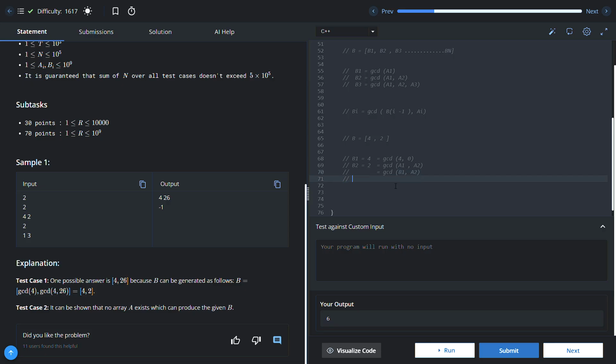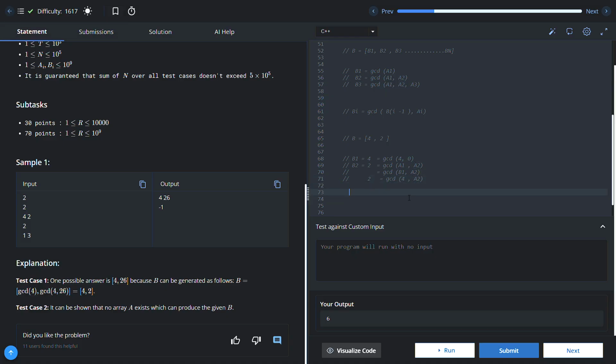That is again equal to GCD of 4, comma A2, which should be equal to this 2. Now, according to the definition of GCD, this 2 is the highest common factor of 4 and A2, right?